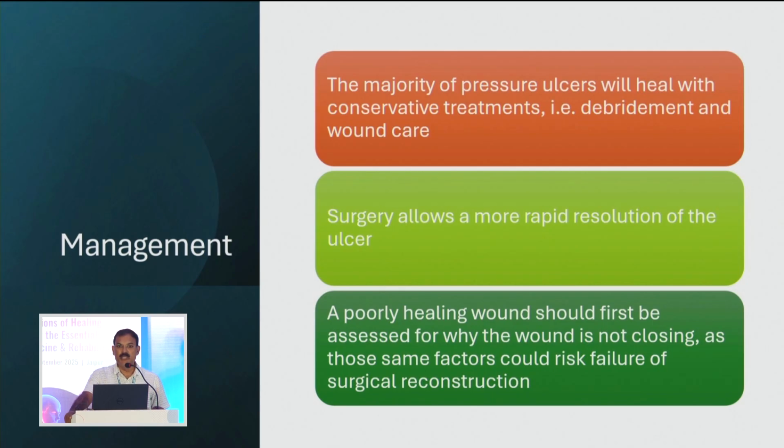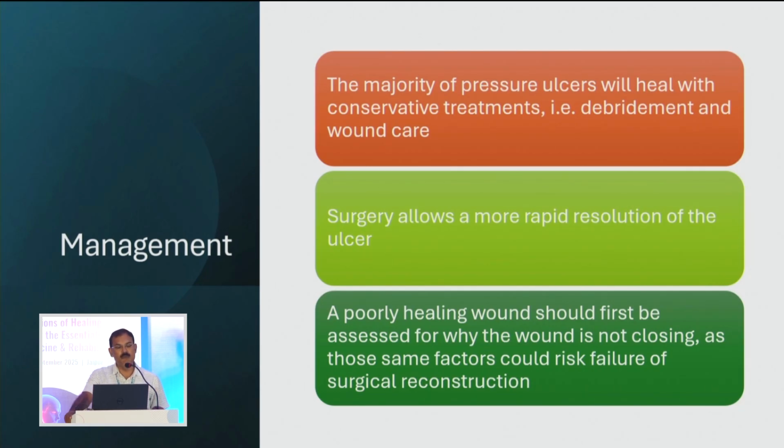But before jumping to the surgical treatment, see why the pressure ulcer is not responding to your conservative management. A poorly healing wound should first be assessed for why the wound is not closing, what is the factor underlying why it is not healing. Then the same factor can be a major failure factor for your surgical reconstruction.